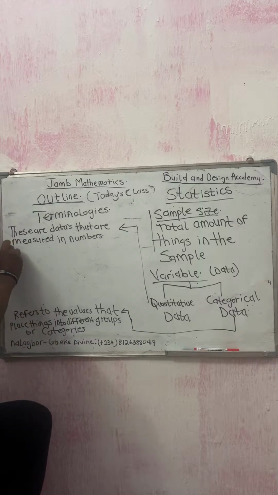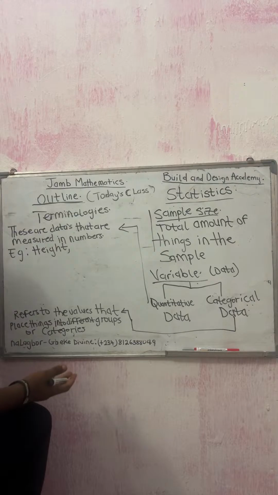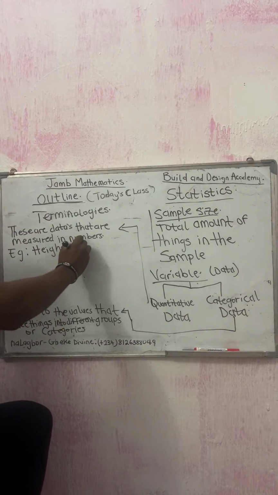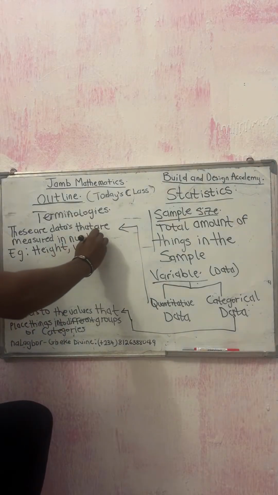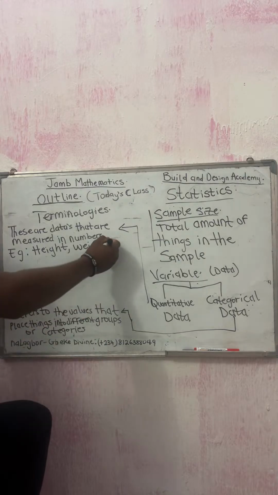Now, examples of those that are measured in numbers are, let's say, height. We can measure height. Let's also say we can measure weight. So I can measure your height, I can measure your weight. I can also measure your midterm score.